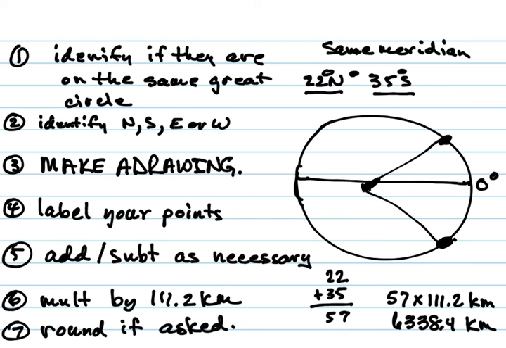But they asked me to round this to the nearest kilometer, so I'm just going to round that 4 off and have it at 6338 kilometers. Isn't it nice? So what about taking steps? Okay. All right. So that's the process. Let's do some together. So I'll stop the recording now.